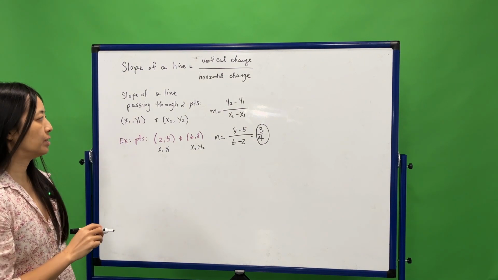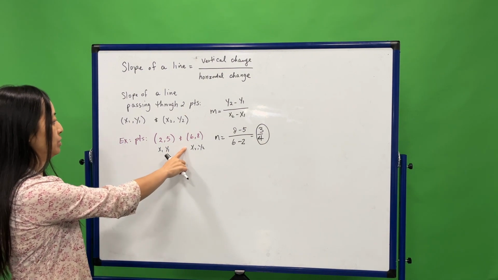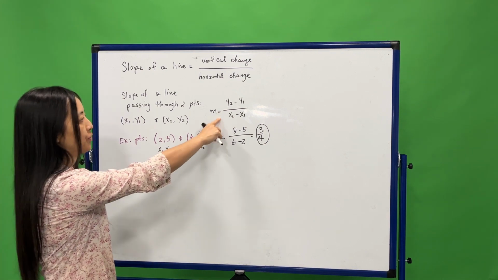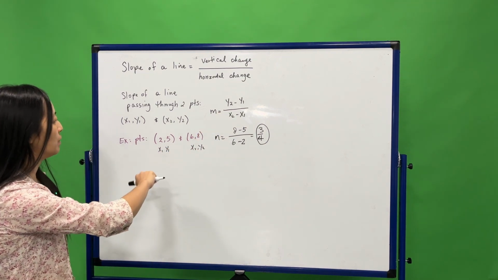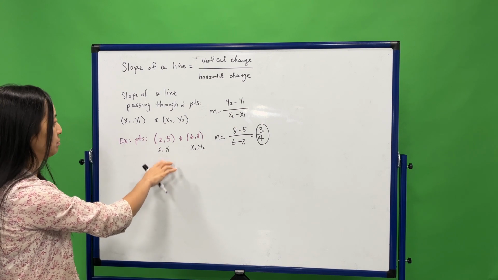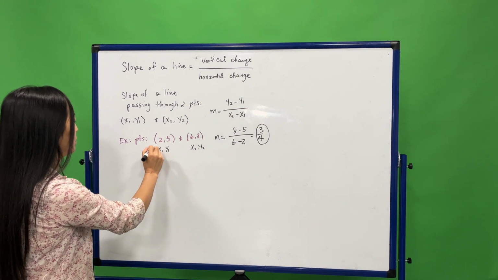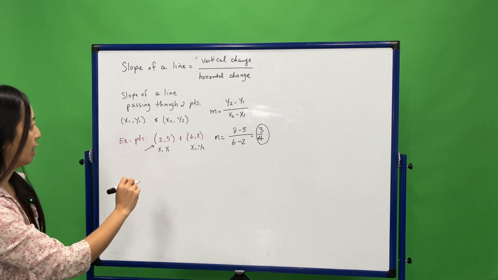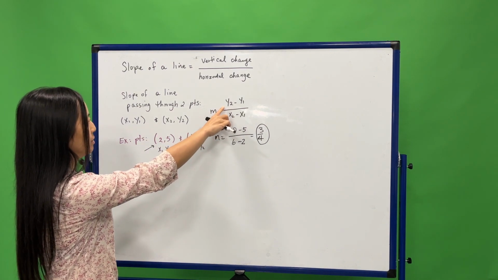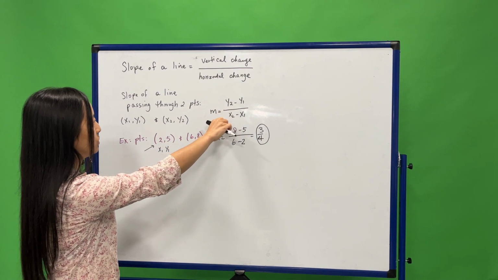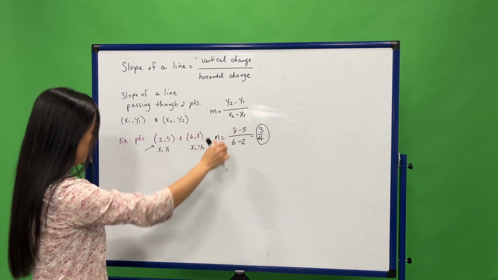Next, we're going to find the equation of the line that goes through these 2 points. We're going to be using this formula once again, and we're going to select one of the points to use. You can use either point. I'm just going to use the first point that we have. And we're going to change the variables here slightly.